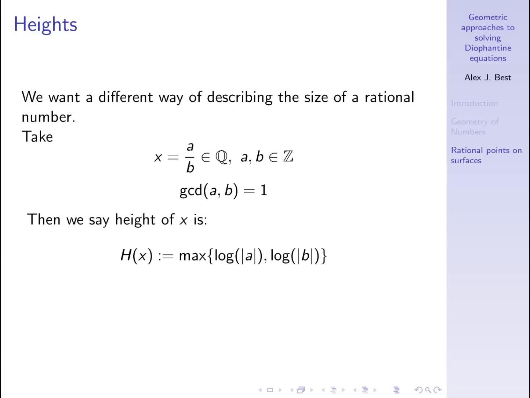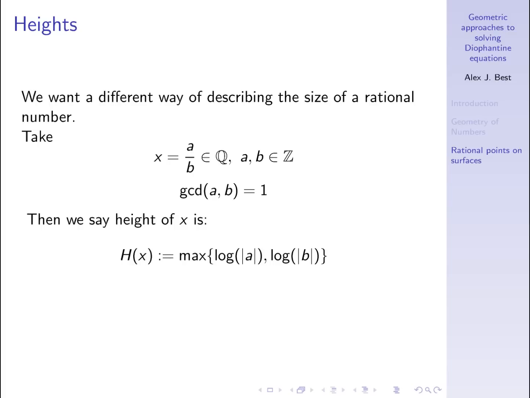This height function is actually a better function, as we're measuring the arithmetical complexity of this rational. Under this new height, although in the normal way of measuring it 1 over 10 is very, very close to 1000 over 10,001, in this new way of measuring the heights are very different.